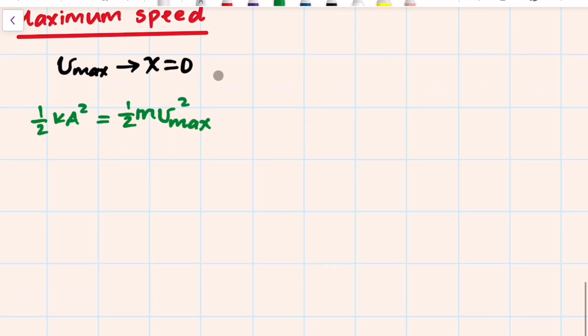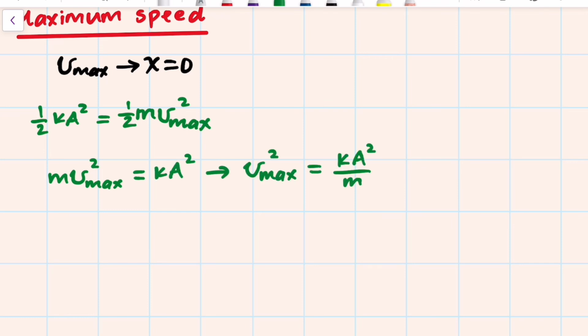Of course, we're going to cancel the 1/2. And then I'm going to use the reflexive property, which means I'm going to have this on the left and this on the right. We're going to divide by the mass, and then we'll take the square root on both sides. Notice that the square root will cancel this square and the square for the amplitude.